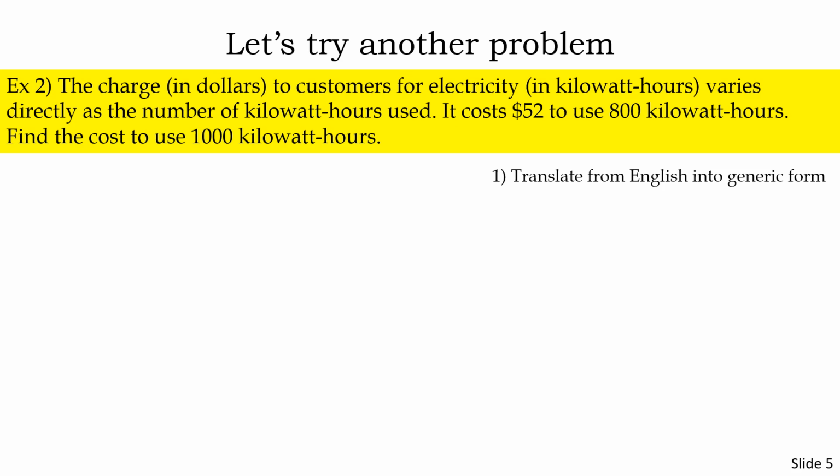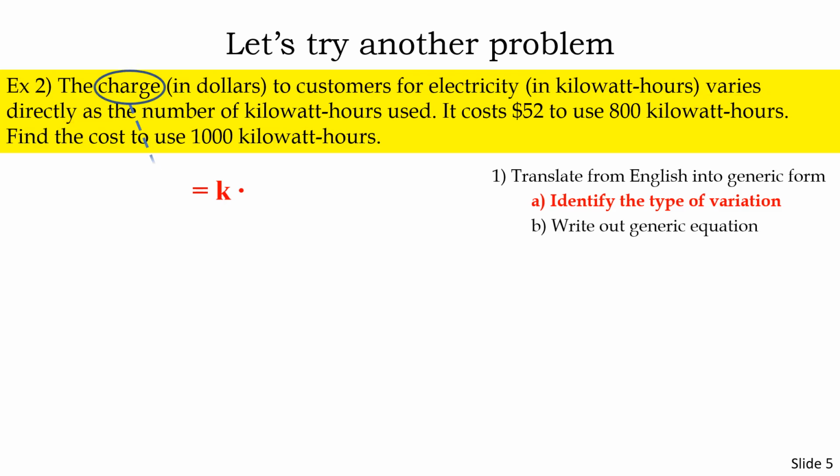Translate from English. So we look to identify the type. It says varies directly. So that means it's equals k times. Write out the generic. So in front of it is the charge, and after the varies directly is the number. We'll use E for electricity. You can use any letter you want in either one of these, but I tend to use what it represents.